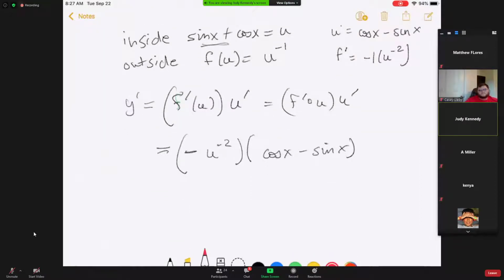And that's equal to, okay. That's equal to, I want to go back to my x's. U was the sine of x plus the cosine of x to the minus 2 multiplied by the cosine of x minus the sine of x.